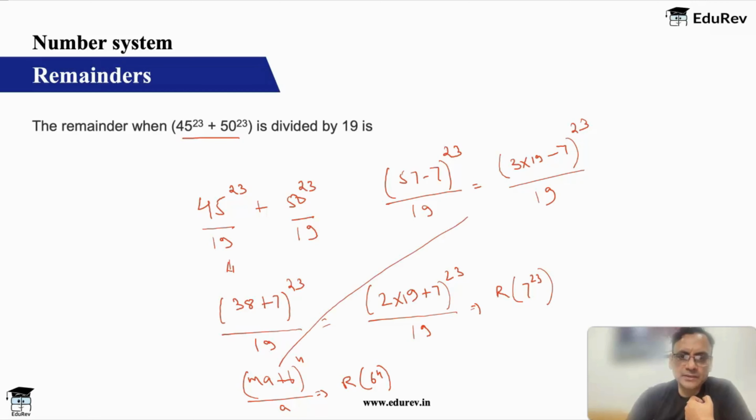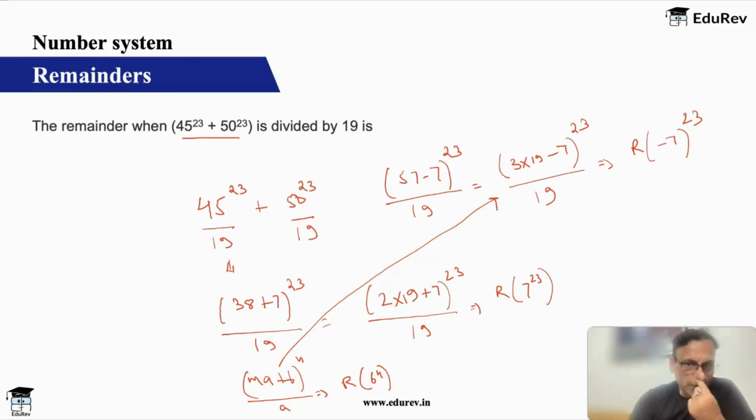Same format, right? Instead of plus you have minus, so b obviously can be negative, not a problem. So this is going to give me a remainder of minus 7 to the power 23.